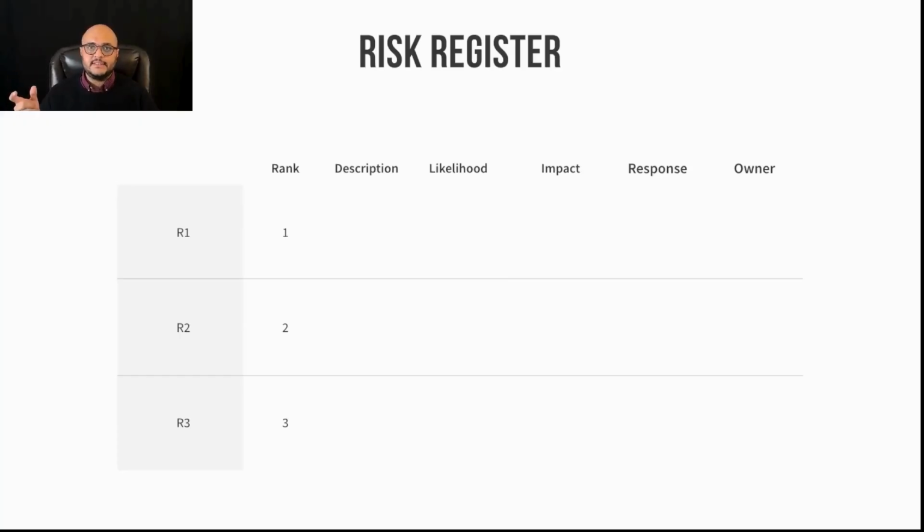The impact, again, a scale of 1 to 10. What if it does happen? What's the impact? The response, what are we going to do if it does happen? And who's going to own that risk? Who's going to be in charge of tackling that risk when it does happen? That is called the risk register. Very, very simple way of making sure everyone on the team is aware of what's going to happen when a risk occurs or is triggered.